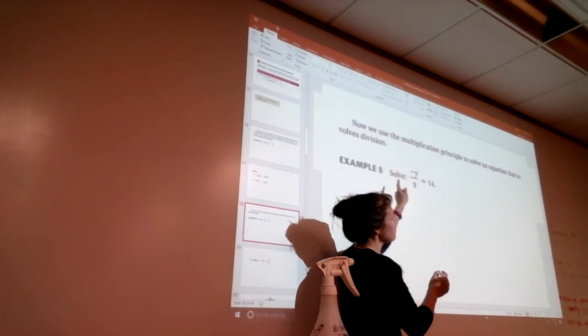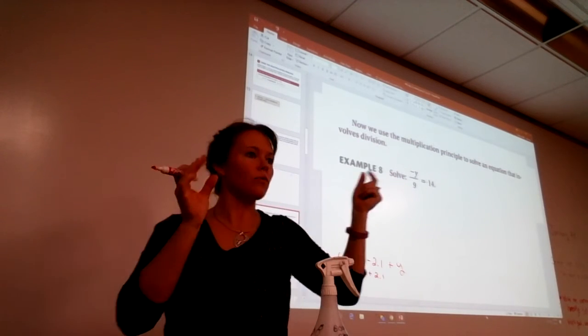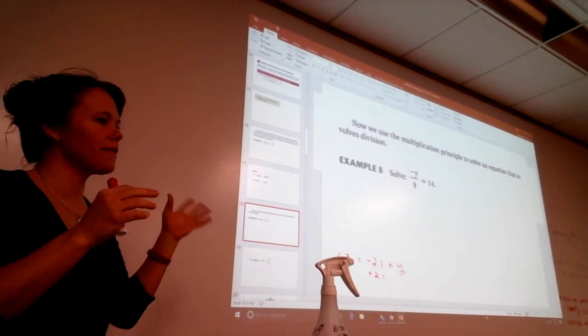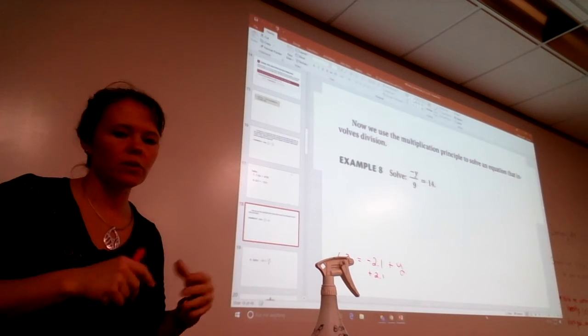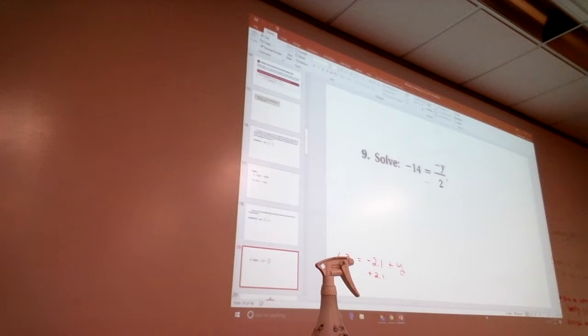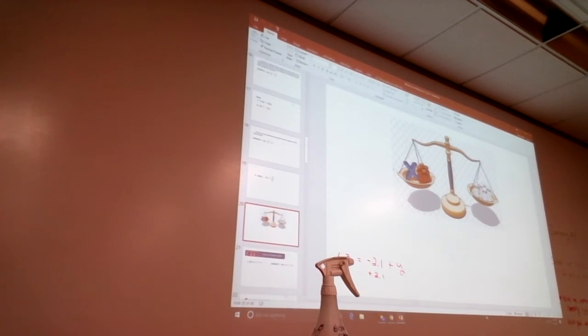So I would multiply each side then by negative 1 to solve it. If ever you have a negative variable, you can always either multiply or divide by negative 1. Same thing again here. I would multiply everything by 2, and then I'd have to divide or multiply by negative 1 for my final answer.